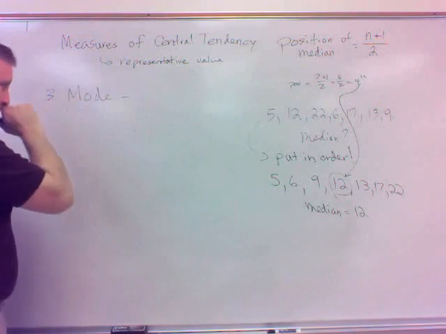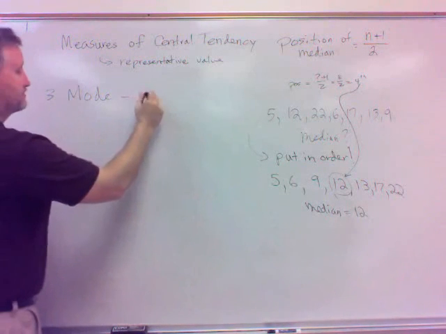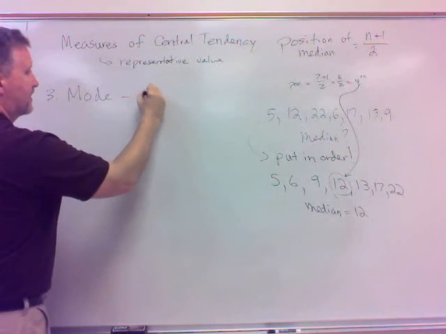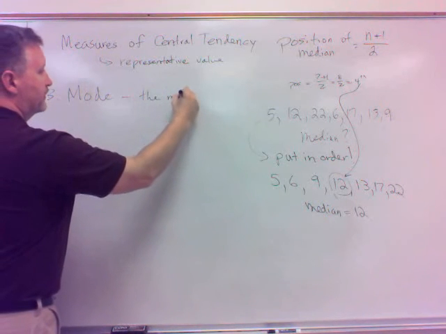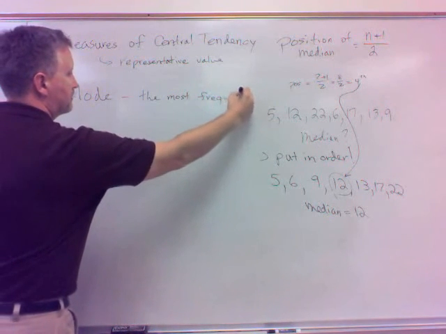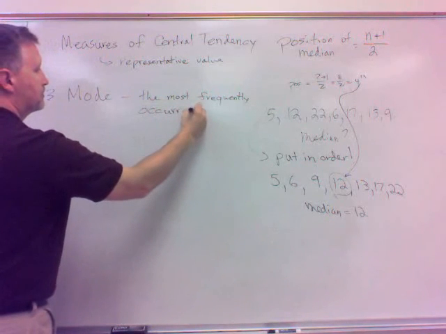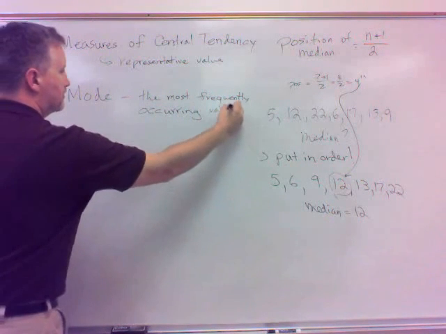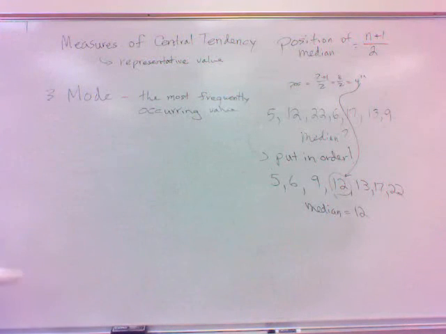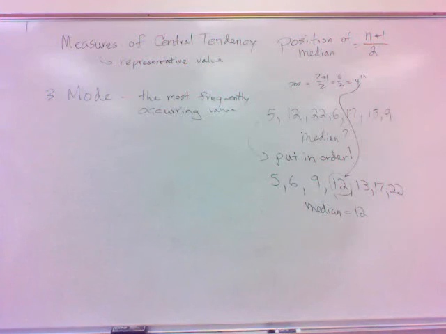It's called the mode. What is meant by the mode? The most frequently occurring value. It's the one that occurs most. Mode for most, right? Mode is the most frequent.